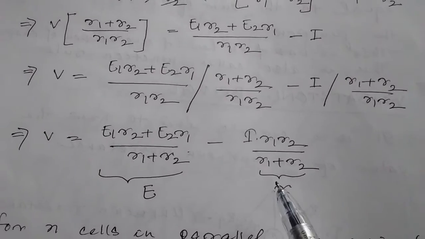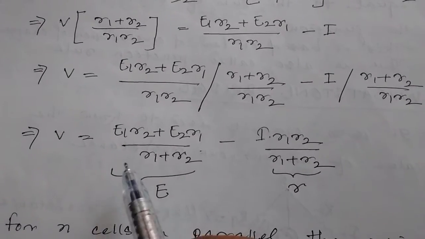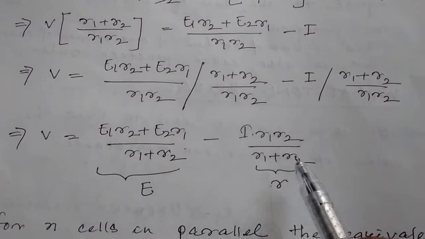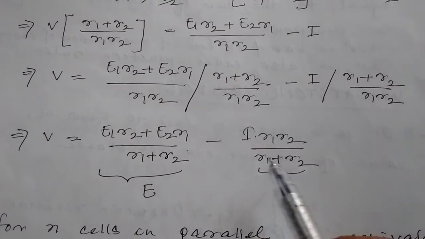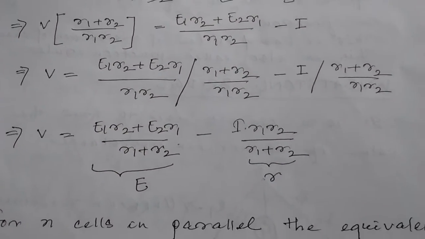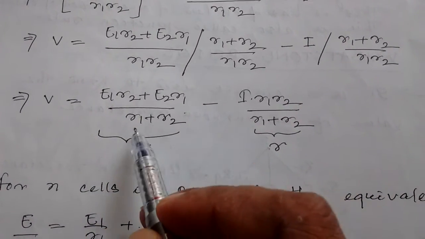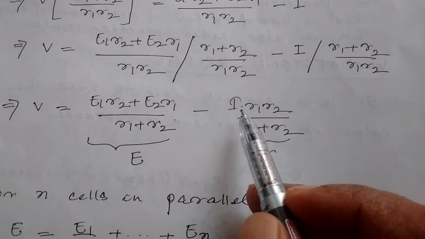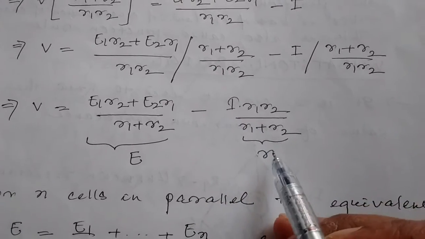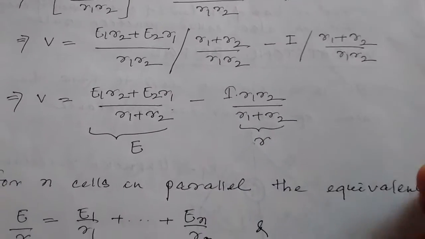Now if you compare it with the standard cell equation, with EMF E and internal resistance R, E minus I R, what is the expression for E? E is E1 R2 plus E2 R1 by R1 plus R2, and the expression for internal resistance is R1 R2 by R1 plus R2.